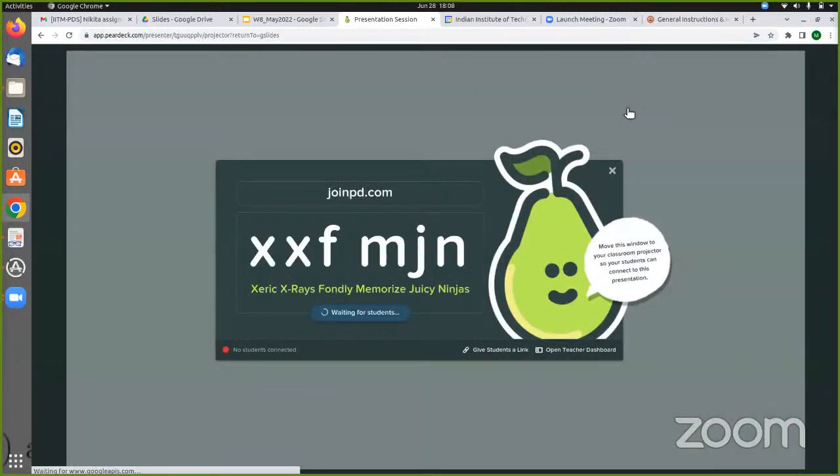Please use your browser to join joinpd.com, and the code is XXFMJN.